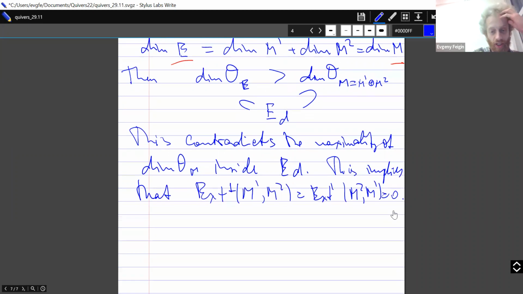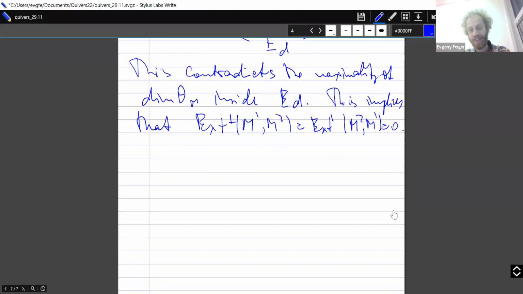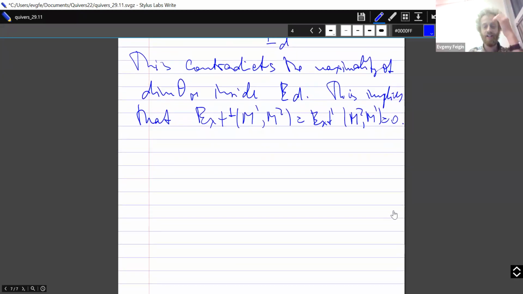And now we want to somehow get a contradiction. We assumed that M is a direct sum of two indecomposable representations, and let's recall that D is not an arbitrary vector. So what do we know about Q of D?